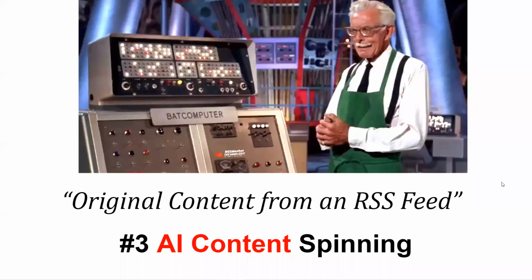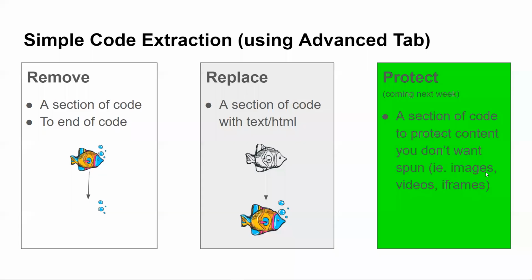So that was our number 3. That was part of the holy grail of autoblogging, and we'll probably have another day of training to go with it. But here's what we've done: we've added a protect block in the advanced tab to protect your images, your videos, your iframes. You may have some Google map embeds.